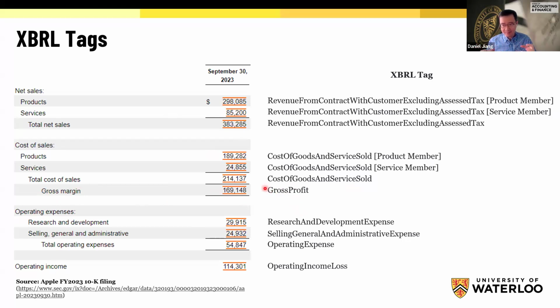Tagging the numbers not only makes them more machine readable, but more importantly, there is a well-defined hierarchical structure called the reporting taxonomy that defines the calculation relationships among all the XBRL tags.